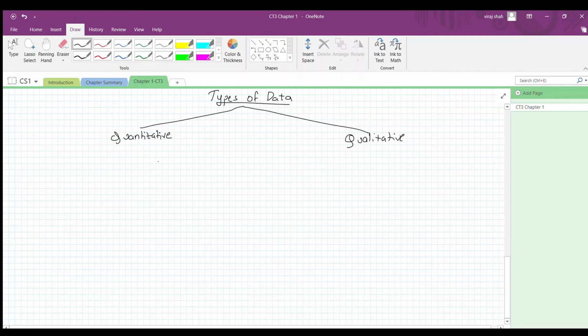So quantitative part is divided into two parts. So it is divided into discrete and continuous. So what is continuous, what is discrete? Let's see an example. So basically you can count these.